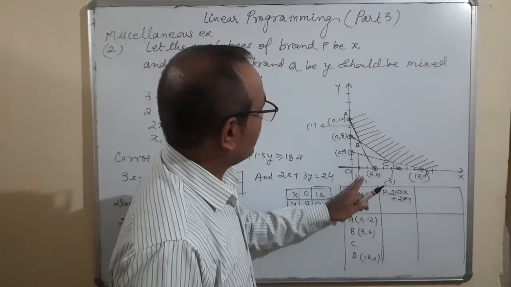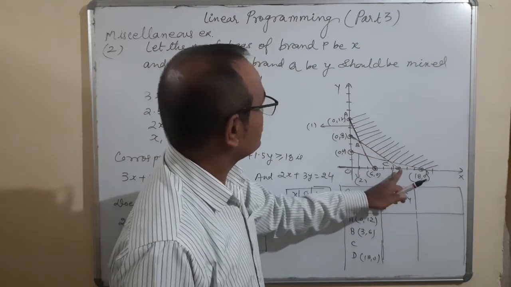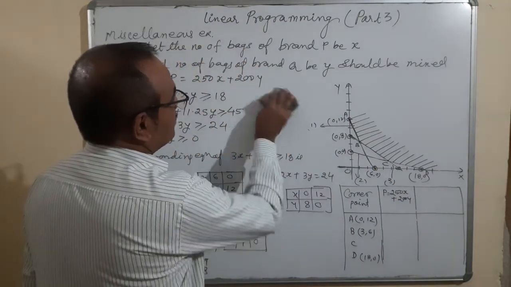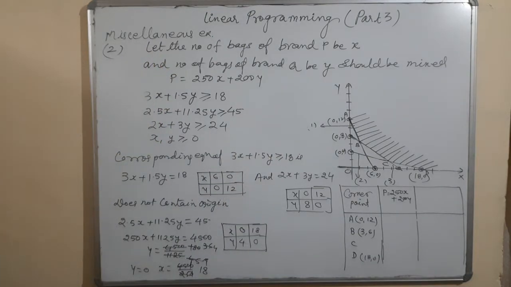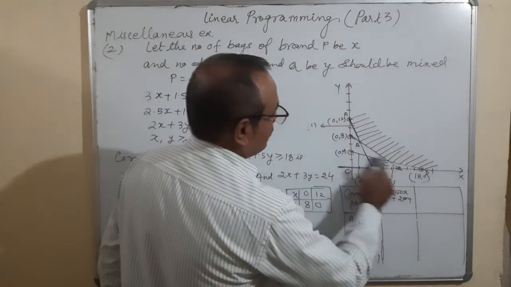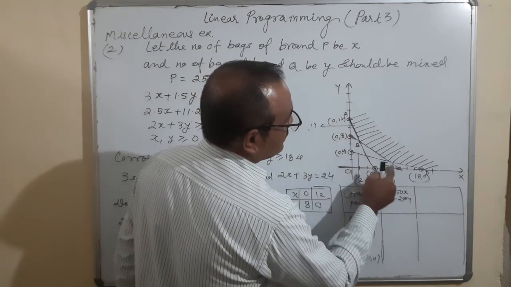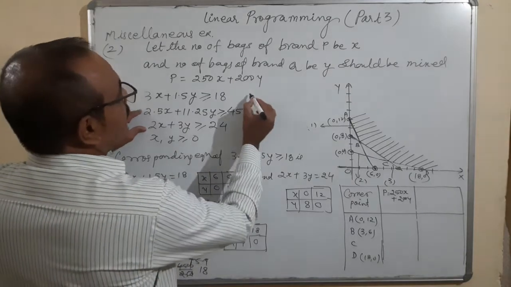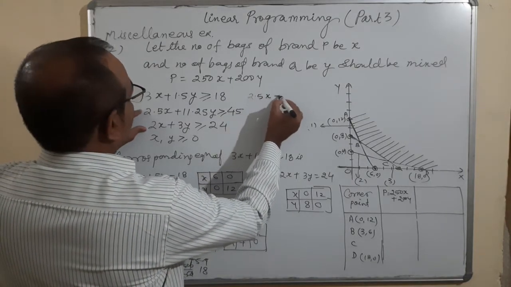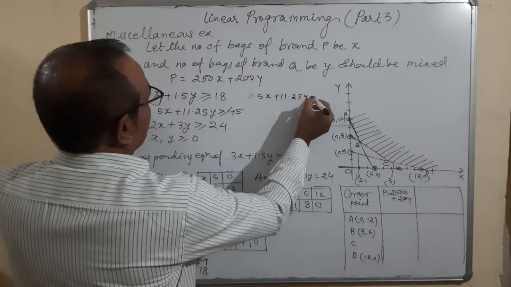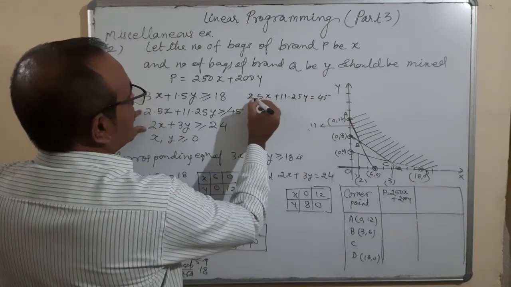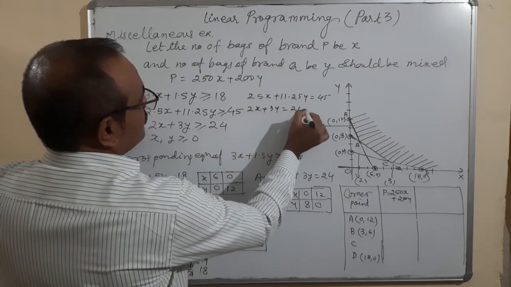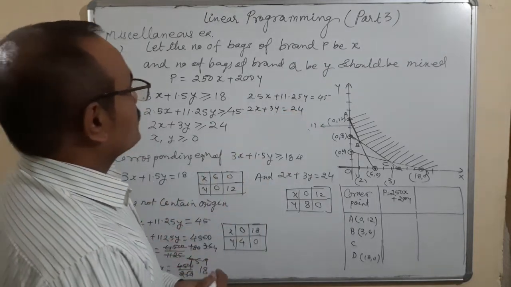This is the second line and this is the third. So this is the point C. The second equation is 2.5x + 11.25y = 45, and the third is 2x + 3y = 24. Okay, what should be done here?